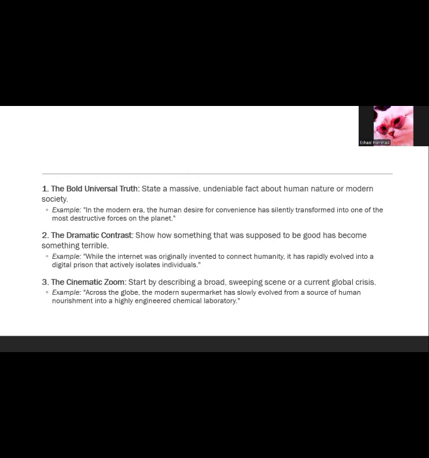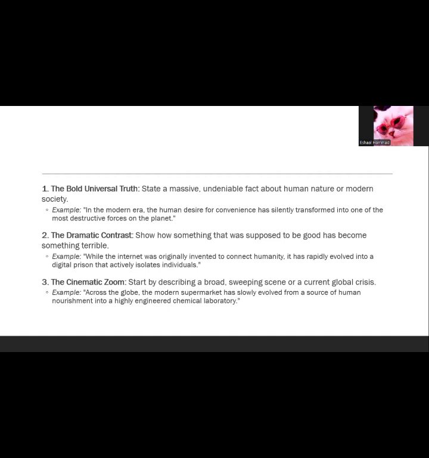Three things are there in front of you. The first thing is the bold universal truth. State a massive, undeniable fact about human nature or modern society. For example, if you are making your doormat, your first sentence should be: in the modern era, the human desire for convenience has silently transformed into one of the most destructive forces on the planet.